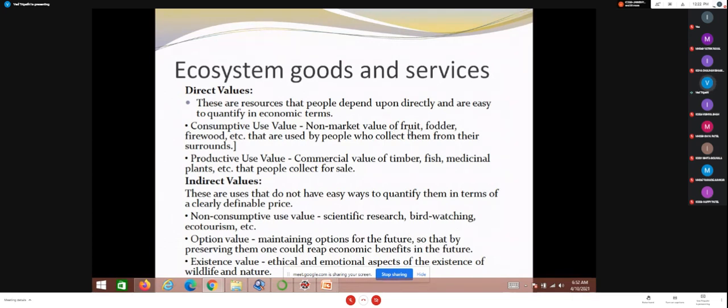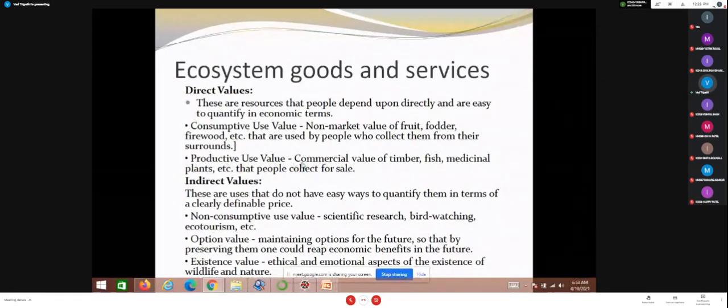People who collect resources from these ecosystems are consuming them. They may be fruit, fodder, fish, or firewood. So for the people who collect these resources, it provides consumptive use value.